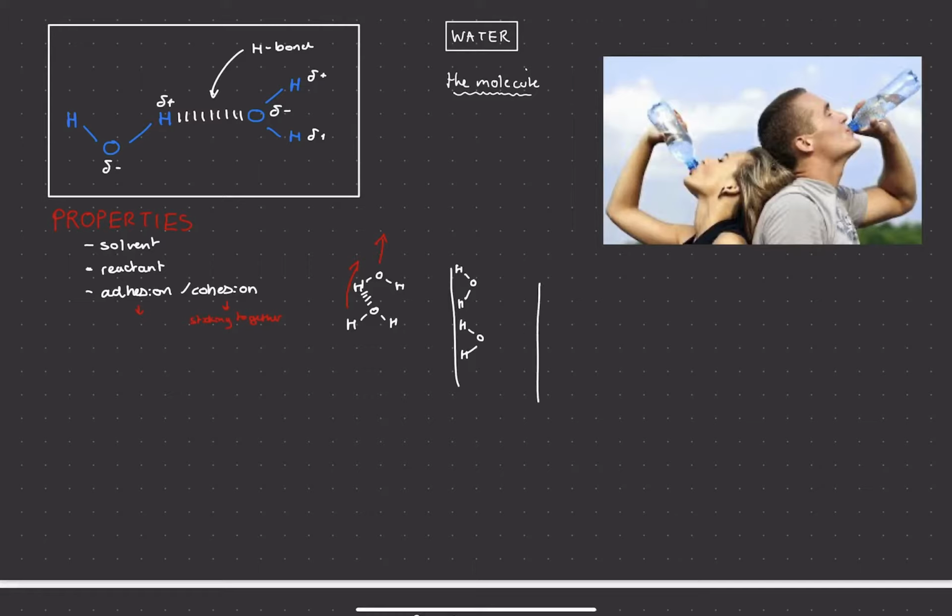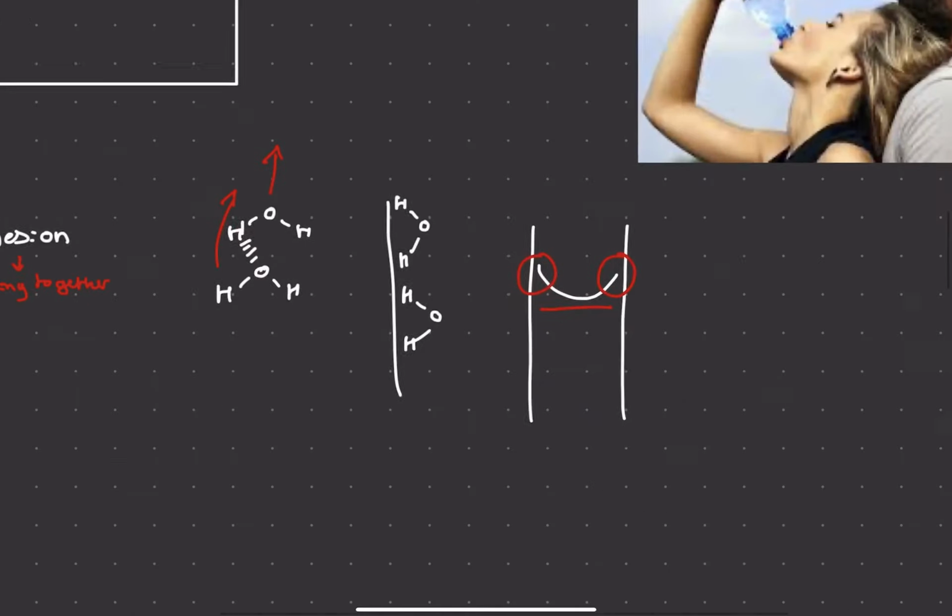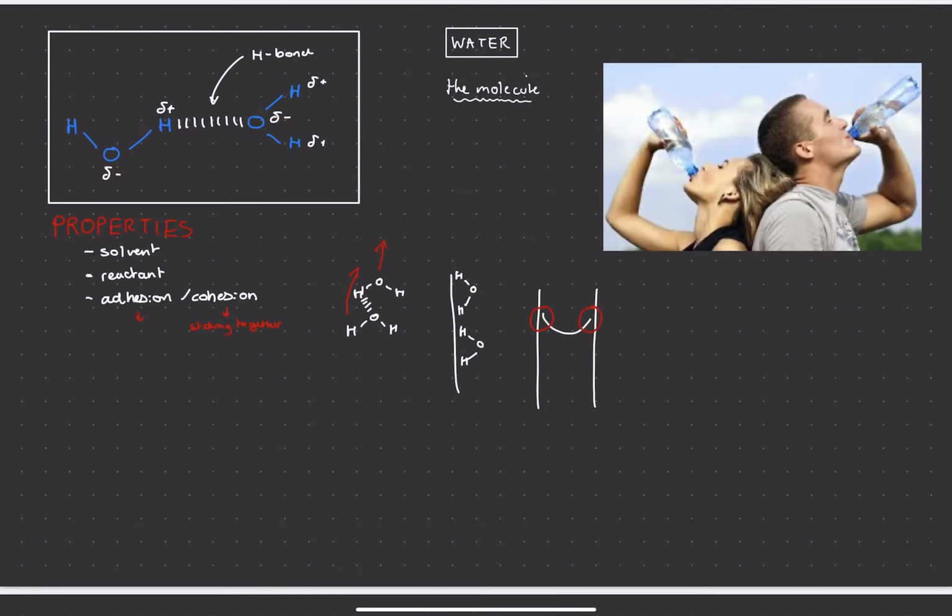That's why, if we have a narrow tube, the water gets drawn up the walls to form a meniscus. You expect the water level to be flat, but it's not. The water level gets drawn up the walls like this. That's called a meniscus, and that happens because of adhesion. So adhesion: sticking to walls or surfaces.